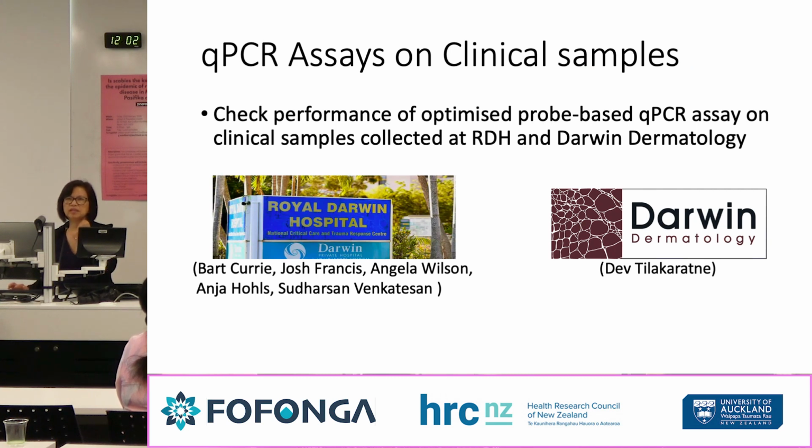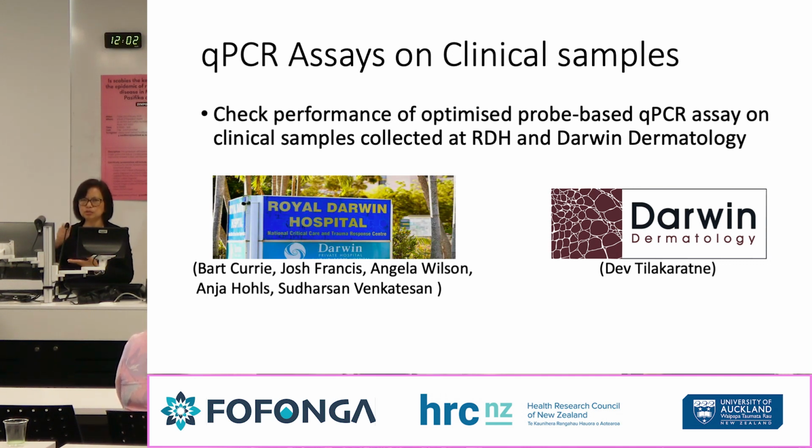So when we were ready in the laboratory, we took this qPCR to check its performance. First of all, we went to Royal Darwin Hospital, and these are hospitalized cases. So these patients come there for a real clinical diagnosis of scabies. They had proper microscopy, they did scrapes, and the Menzies School of Health Research did the microscopic examination for us.